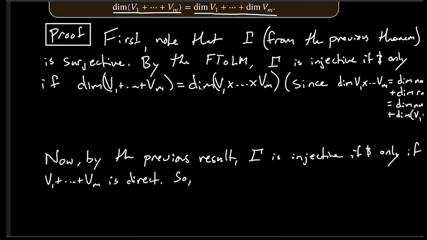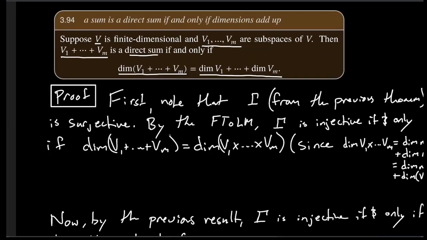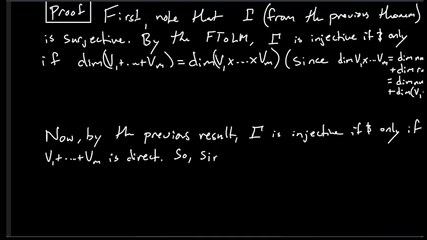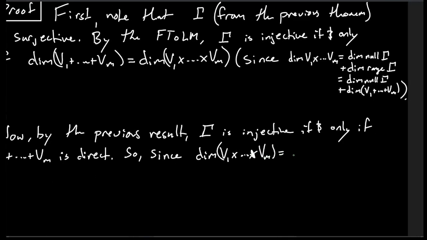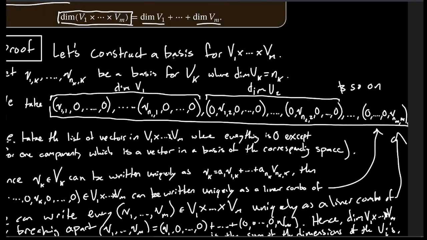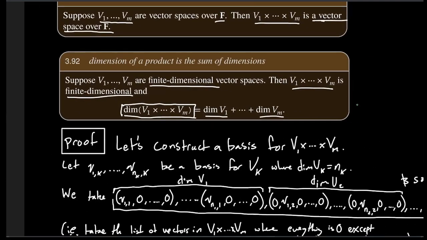So since the dimension of V1 times dot dot dot all the way down through, times again, Vm is equal to the sum of the dimensions, that is the thing that we proved right here.